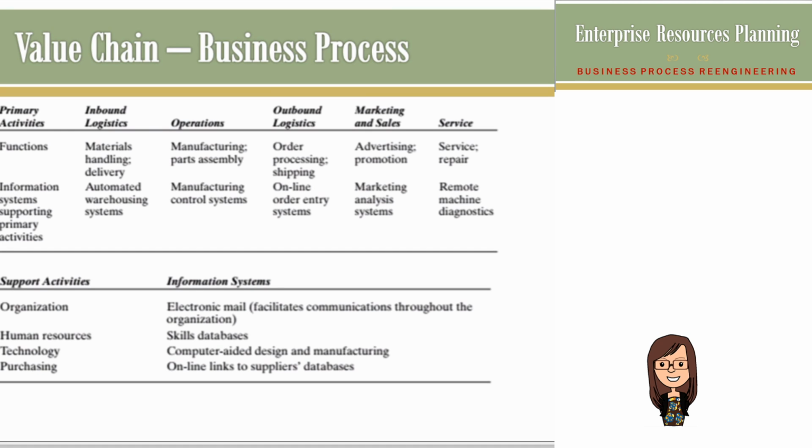Inside the business process of the company, there will be primary activities, which consist of inbound logistics, meaning the goods and products coming into our enterprise, and then the transform operation, sometimes called manufacturing or production.